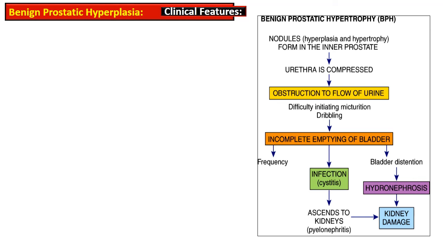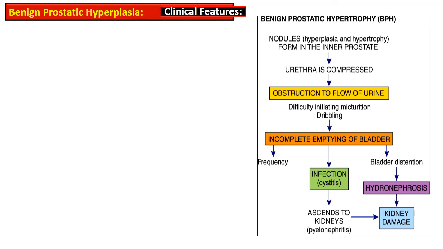So there is difficulty in initiating micturition, and dribbling also results, and there is incomplete emptying of the bladder that will result in increased frequency of micturition, distension of the bladder, and infection of the bladder, termed cystitis, due to the increased amount of residual urine.